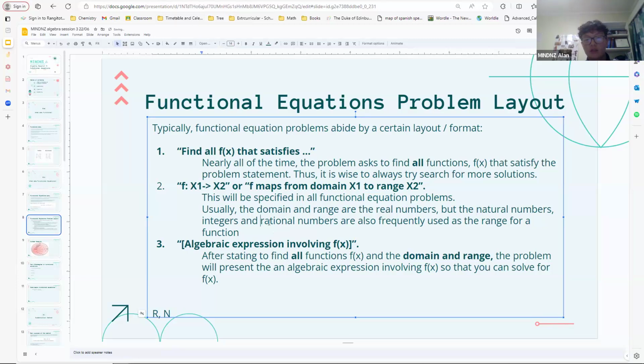And then rational numbers. Does anyone remember the symbol for rational numbers? Rational numbers are also known as quotients. And what's the first letter of the word quotient? It's a Q, right?